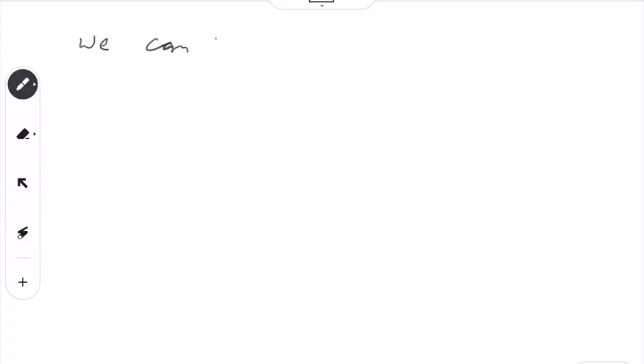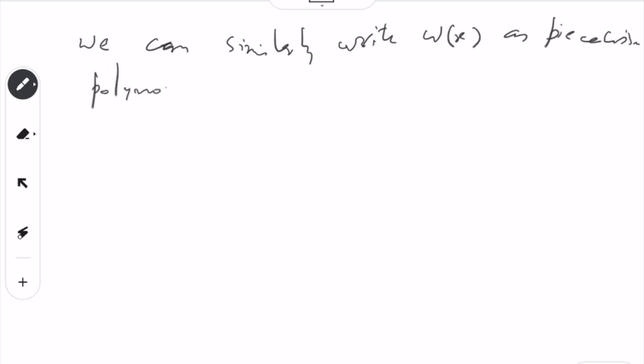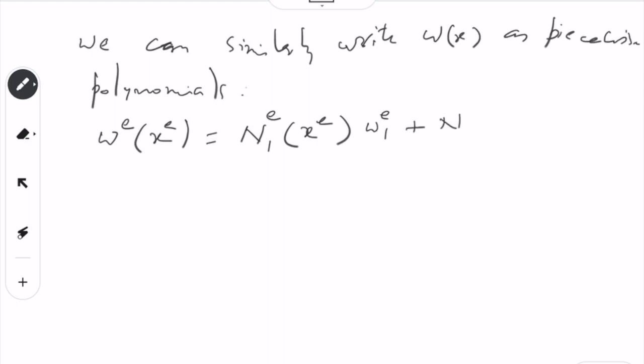We can similarly write w(x) as a piecewise polynomial, meaning you can write w inside element number e as a function of the local coordinate system equal to N e1 (x e) w e1 plus N e2 (x e) w e2.